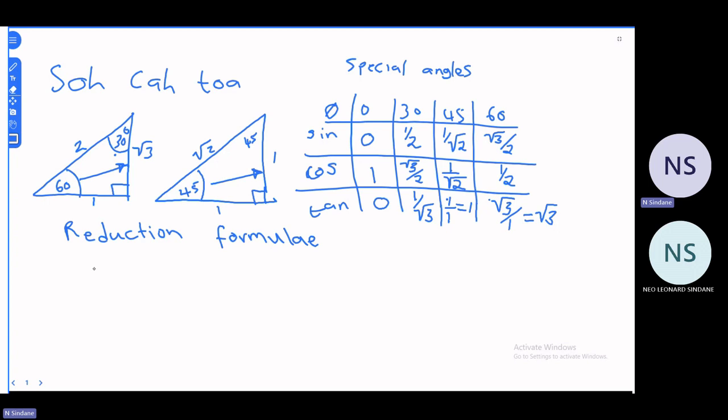So with the reduction formula, you just need to know this. This is your 0 or 360. This is your 90. And this is your 180 degrees. And this is your 270. Right? Then we say all students take coffee.